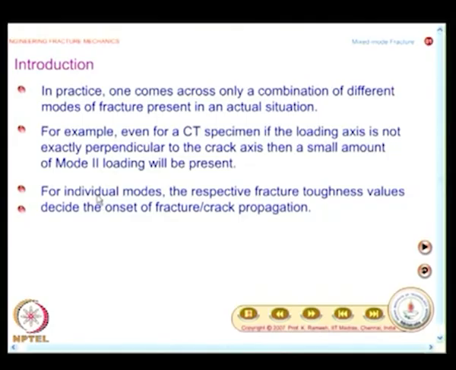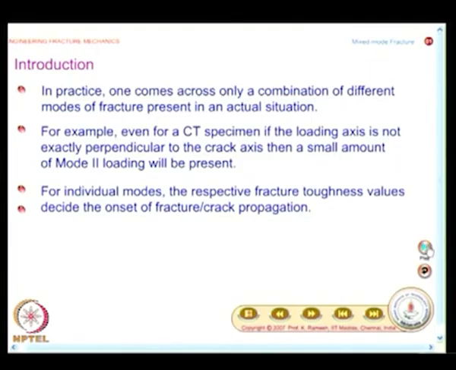And we have seen in the case of mode 1, when K1 becomes K1C, catastrophic failure would occur. Similarly, for individual modes, the respective fracture toughness values decide the onset of fracture or crack propagation.